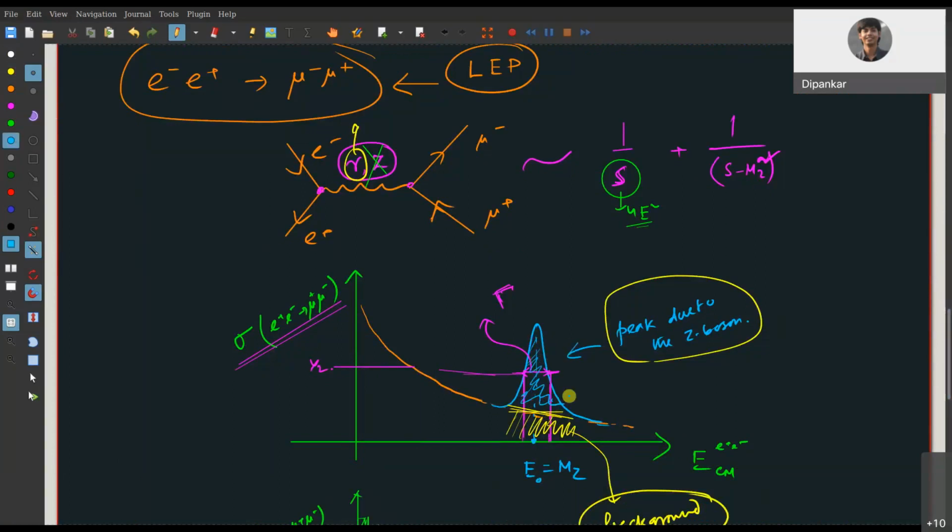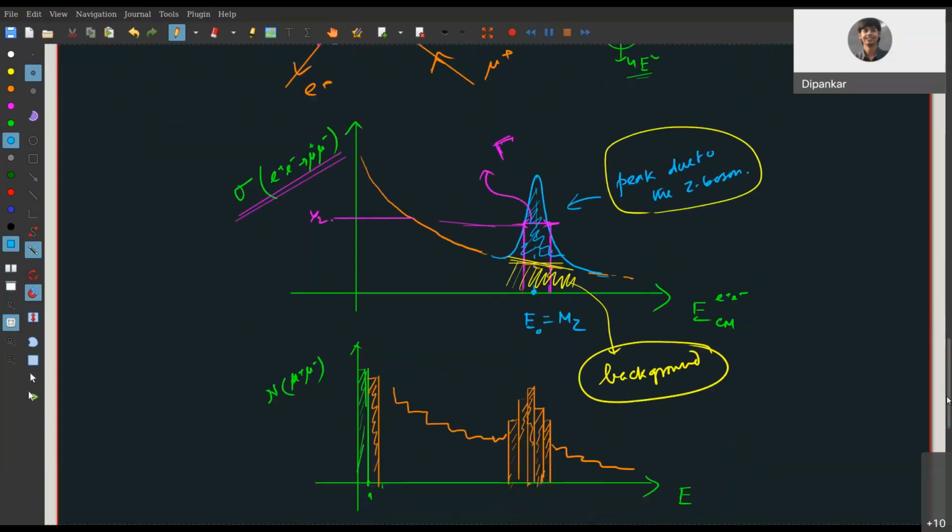Usually this is done with Monte Carlo simulation. I will not get into the detail of that.